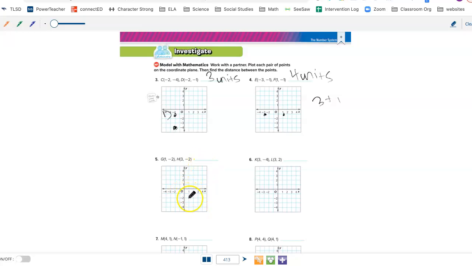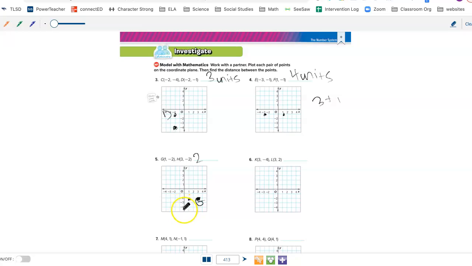G, 1, -2. H is at 3, -2. So I'm going to do 1, 2, or what is 3 minus 1? 3 minus 1 is 2. You can also just count them.